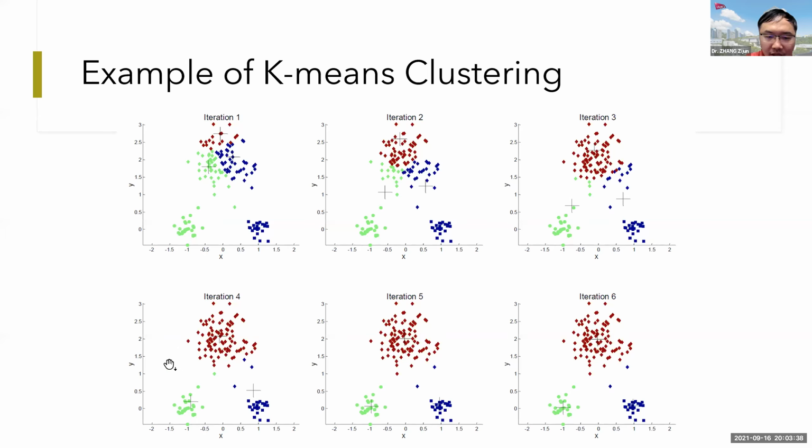So you repeat that to iteration 4 and iteration 5. Then you will see that the centroids will stay in a cluster. They won't move much, iteration by iteration. Basically from iteration 5 to iteration 6, it doesn't change a lot. That means the algorithm converges, so it will stop there.